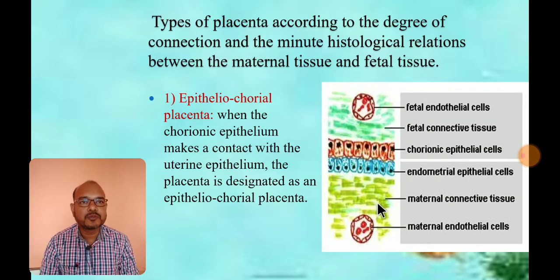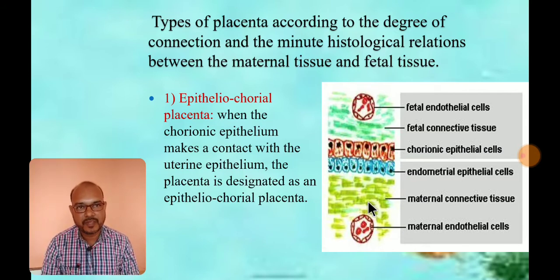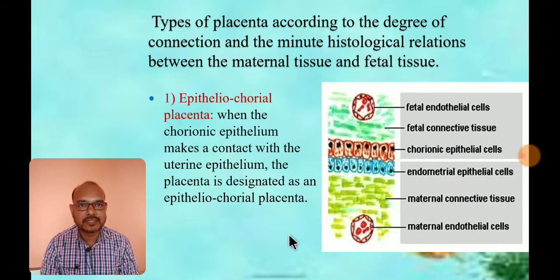The types of placenta according to their degree of connection and minute histological relation between the maternal tissue and the fetal tissue. Number 1, the epitheliochorial placenta.